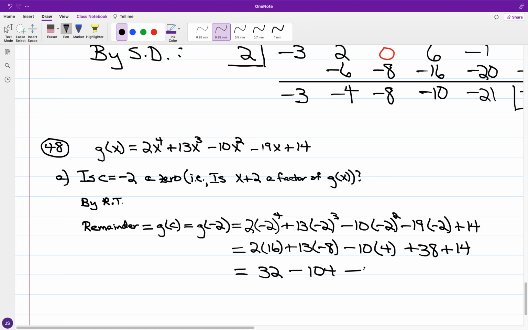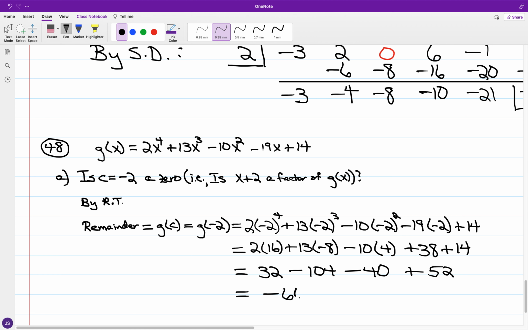Now 38 and 14 add up to 52. And so for the remainder here, we got 32 minus 104, that's negative 72, minus 40 is negative 112, plus 52. So the result is going to be negative 60.